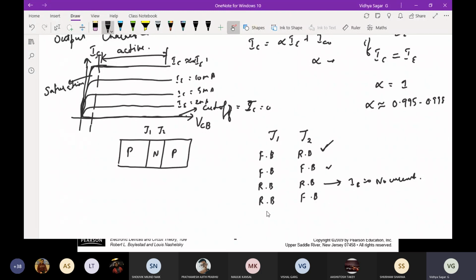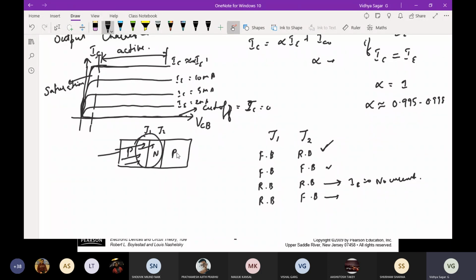So let us take the reverse bias and forward bias case. Junction J1 is reverse biased and junction J2 is forward biased. Will there be a current? So is the current offered from junction J1 or junction J2? J1. This is how the current flows. From J1 only you are going to get your current in J2.